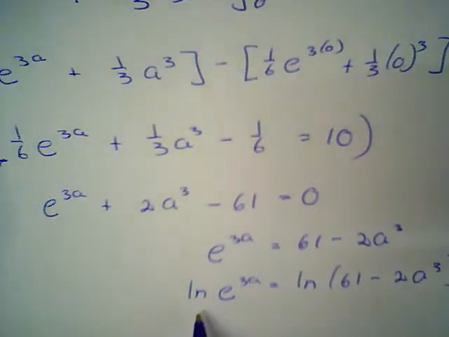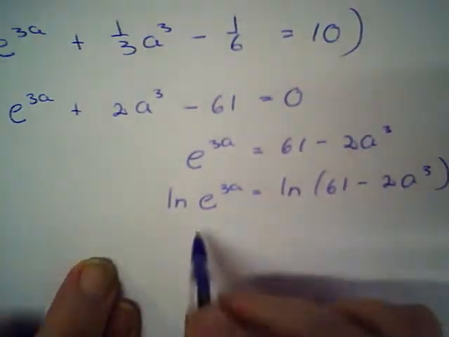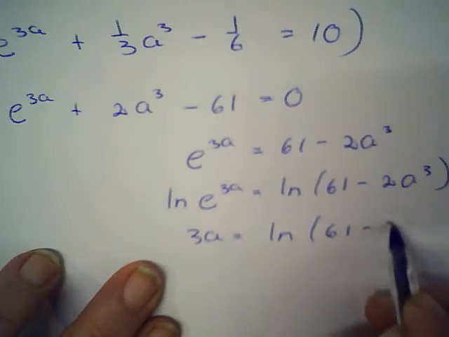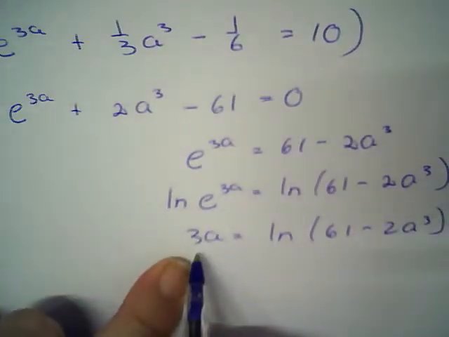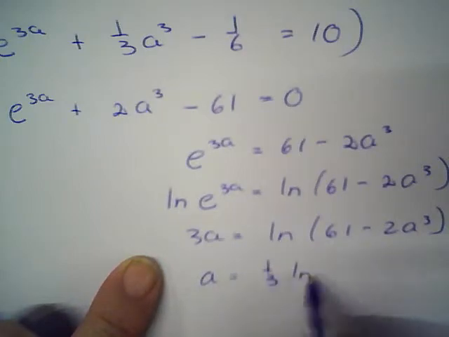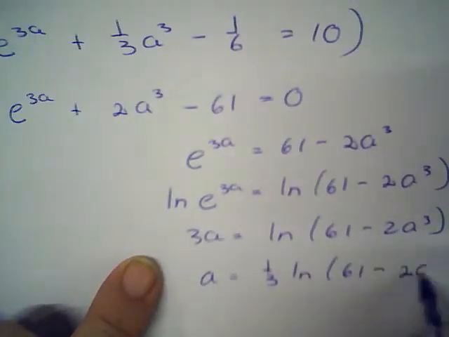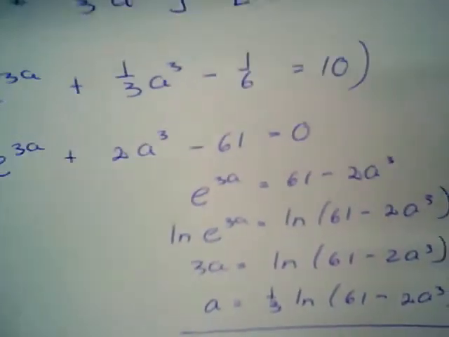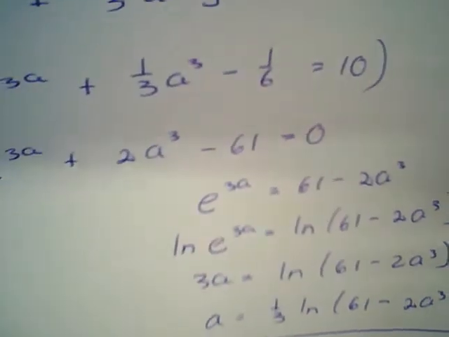Use my power rule, and we know that natural log e is just 1, so we have 3a equals natural log 61 minus 2a cubed. Divide by 3, that gives us a third natural log 61 minus 2a cubed. And we are done with that one. I'm happy. Okay, so question 7.1 is done. Let's move to question 7.2.